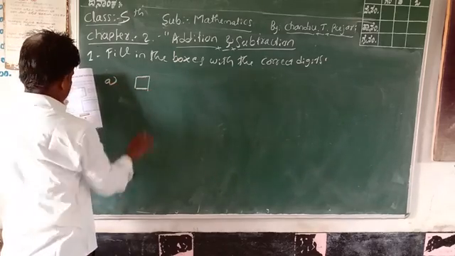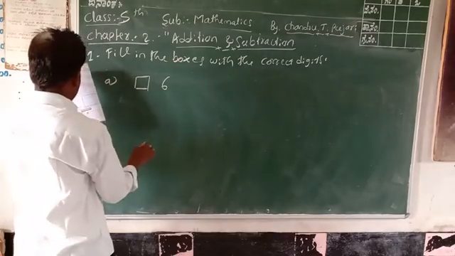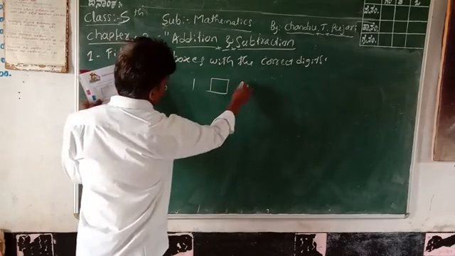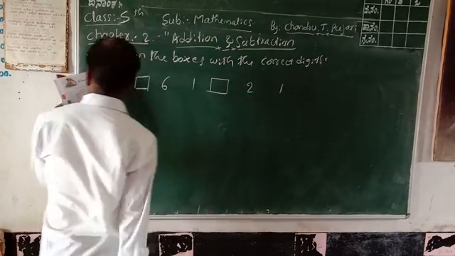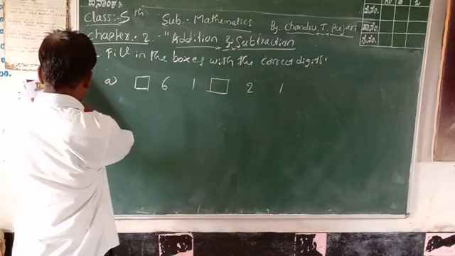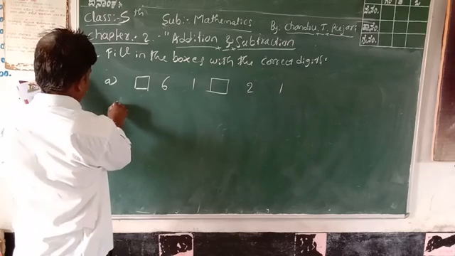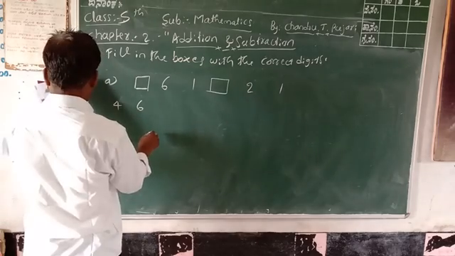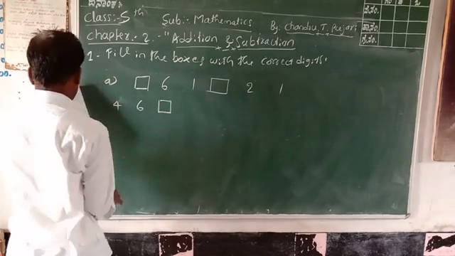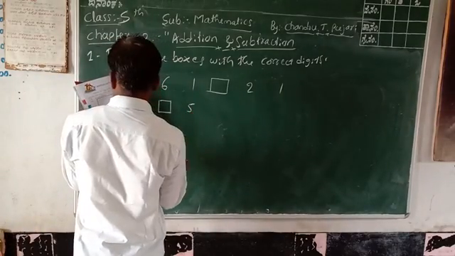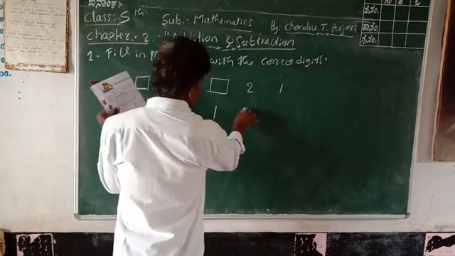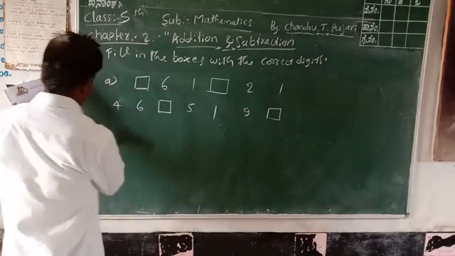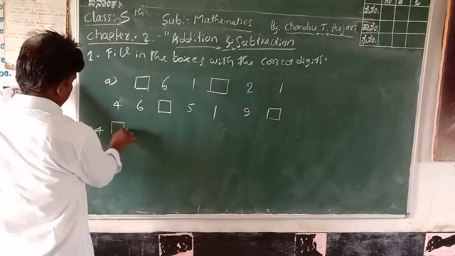One box is the next 6 is the next one is the next one box is the next 2 is the one is the next one is what? The next one 4 is the 6 is the box is the next 5 is the one is the 9 box is there. Next one 4 is there. One box is there.